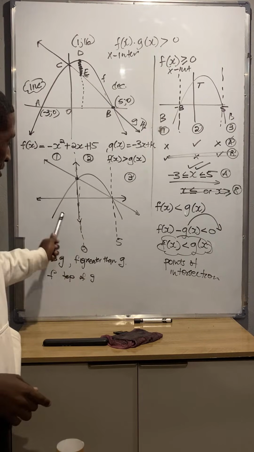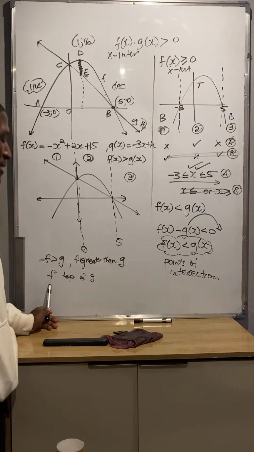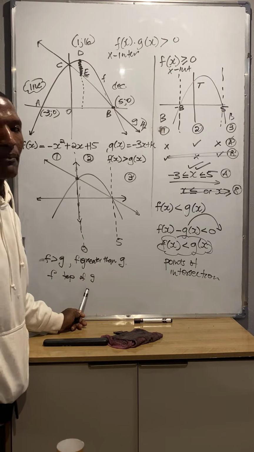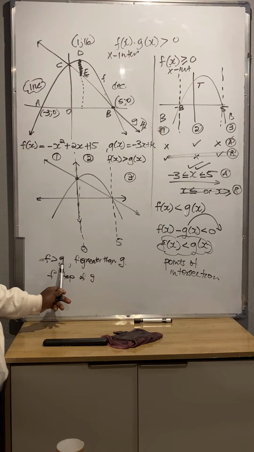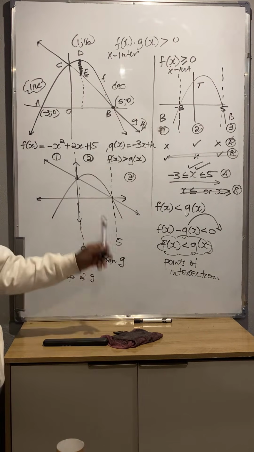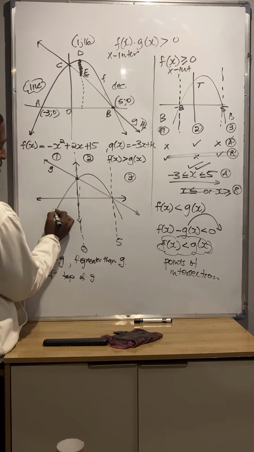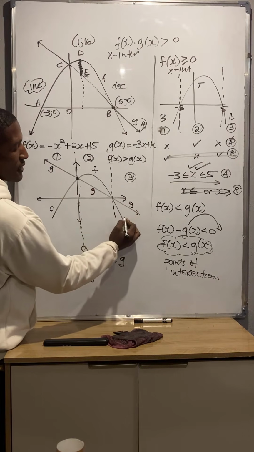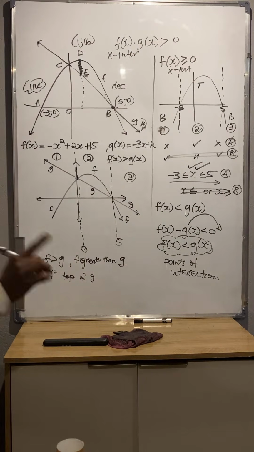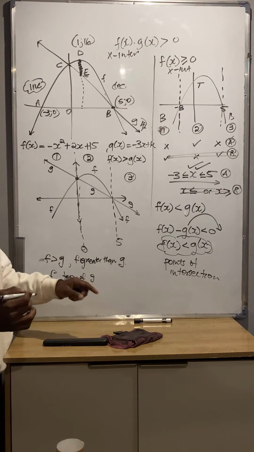On the graph, in the sections, we want where F is above G. We want F to be greater than G, meaning F is above G. Now, family, this is G, this is F. We want a section where F is above G.